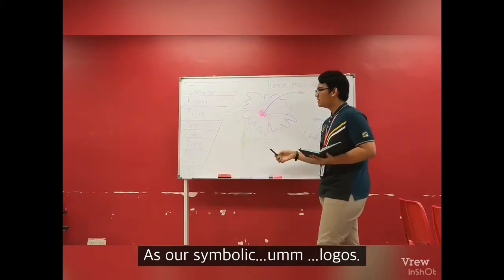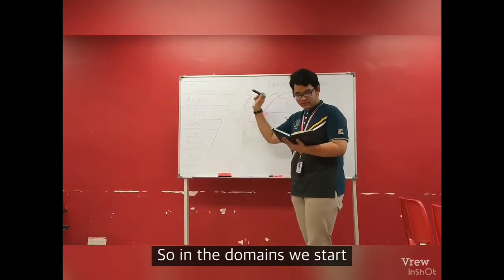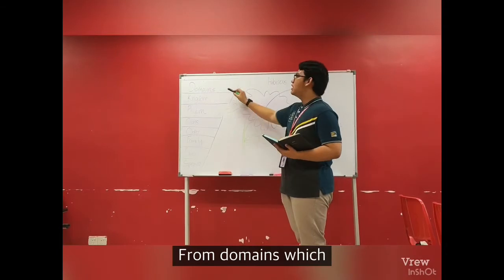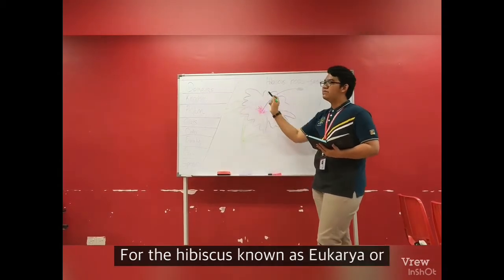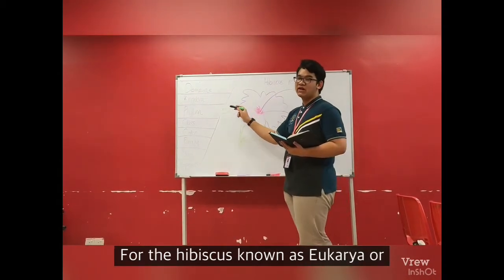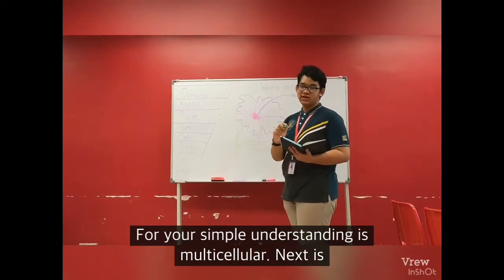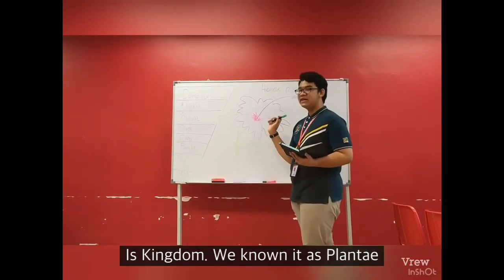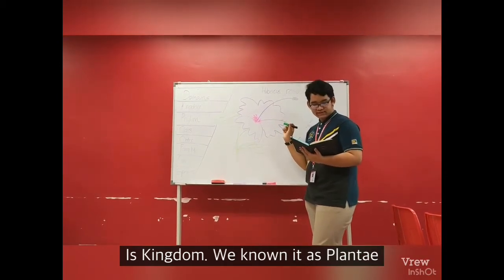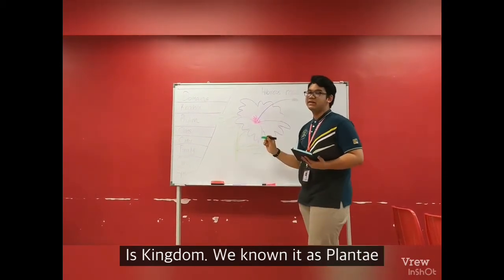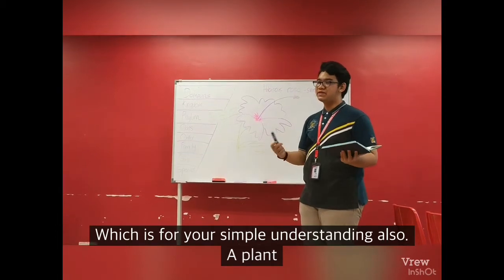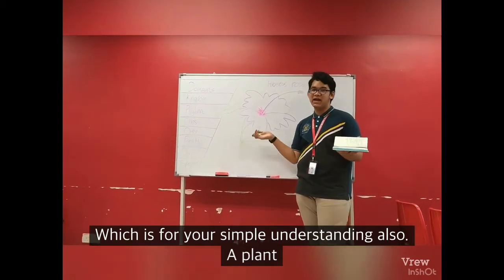Okay. So we start from the domain, which for hibiscus is known as Eukarya, or for your simple understanding, has cells with nuclei. Next is kingdom. We know it as Plantae, which for your simple understanding is a plant.